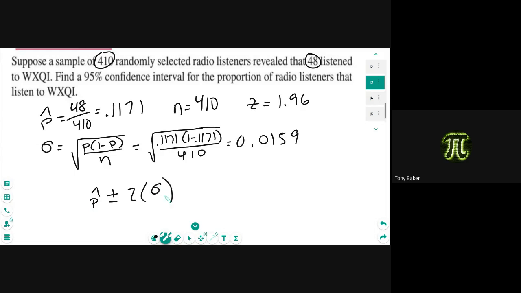We don't have to divide by the square root of n because we already did the square root of n in it. Okay, we already have the square root of n done within my standard deviation, so I don't have to do that extra piece. So it would be 0.1171 plus or minus 1.96 times 0.0159.